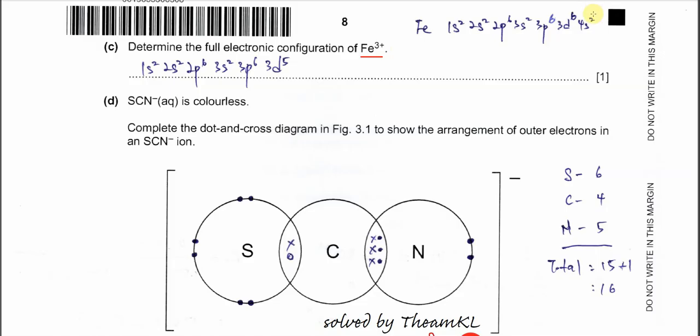Electrons are removed from the 4s subshell first, so this one is gone. Continue by removing 1 electron from the 3d, so it becomes 3d5. Therefore, for iron 3 positive, the electronic configuration is 1s2, 2s2, 2p6, 3s2, 3p6, 3d5.